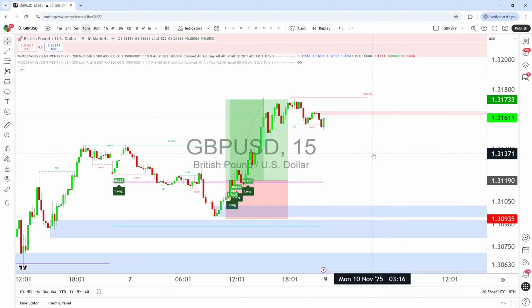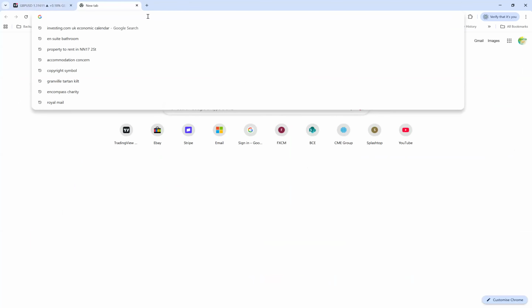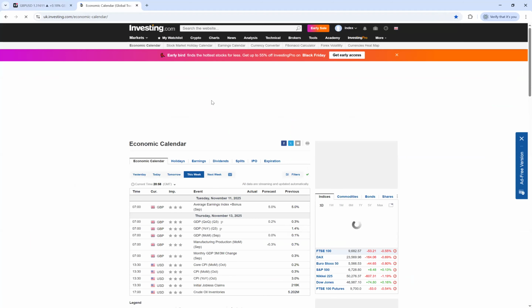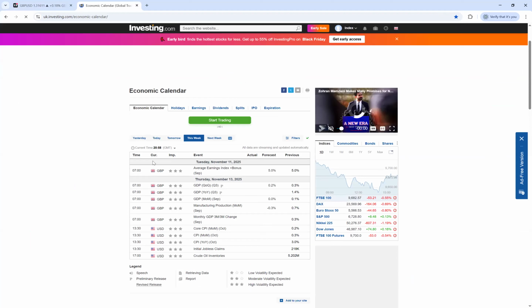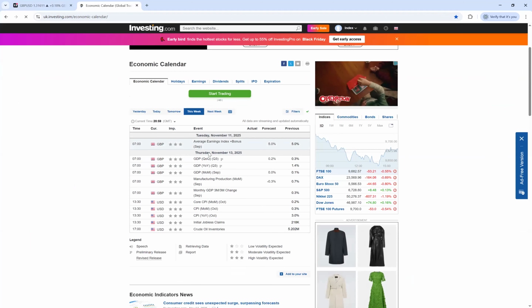All right. And in between time, we still have that US government shutdown happening, so that is really impacting the news that we're getting for the US economy at the moment. But we have some massive news coming up next week for the pound, which is the GDP. That is going to be huge.